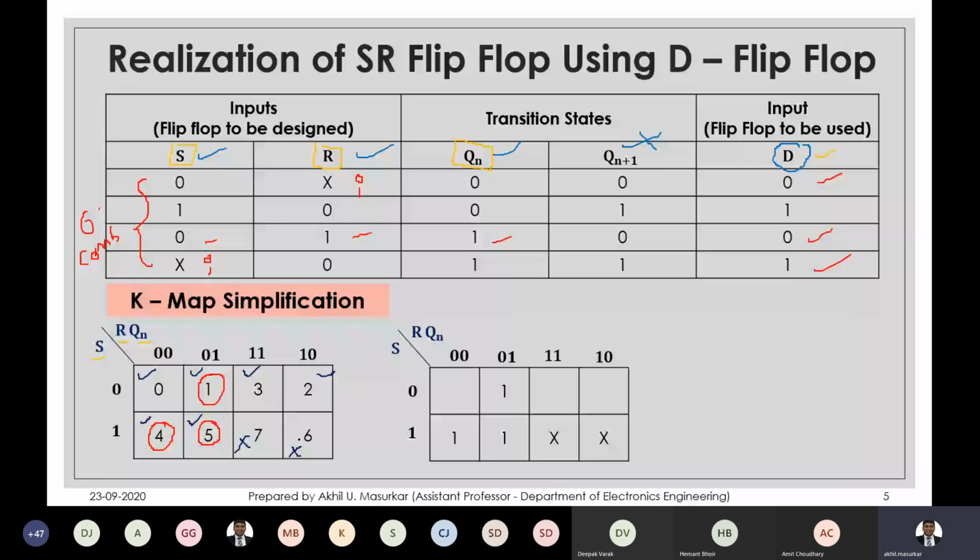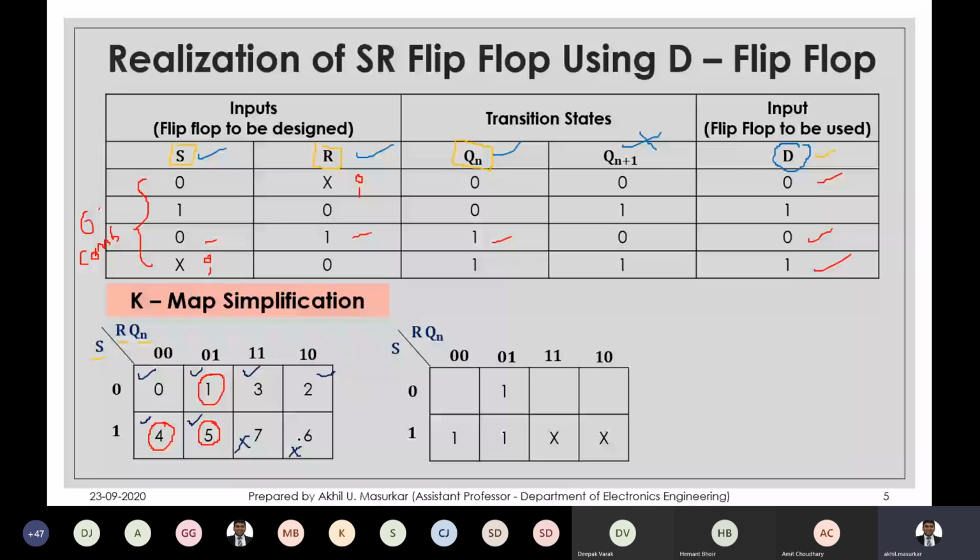And for the others, we saw what the value of D was, and you can see that in 1, 4 and 5, D is 1. In all other places, 0, 3 and 2, D is 0. 7 and 6 are don't care. Now we can use the K-map.